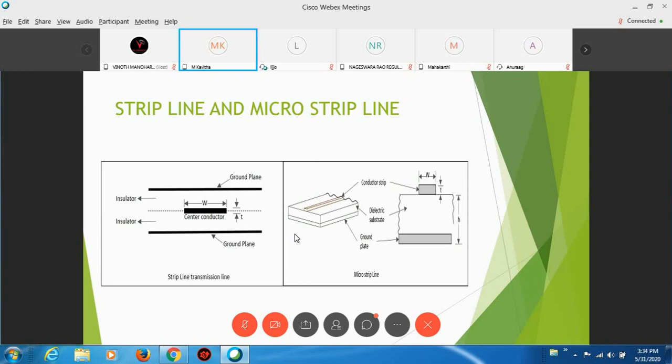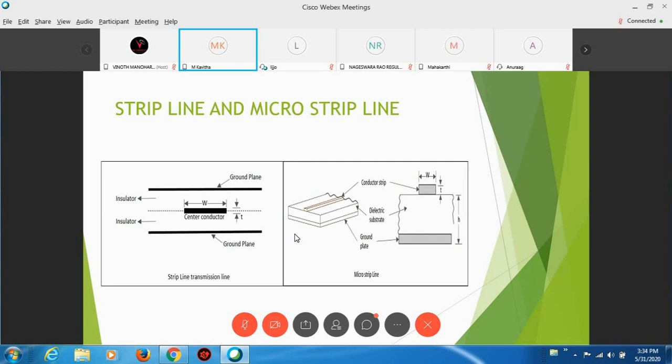The next type of transmission line used in microwave frequency is the waveguide. Waveguide is a closed structure transmission line. It is in rectangular or cylindrical form, and it is used in microwave communication, broadcasting, and radar installation.